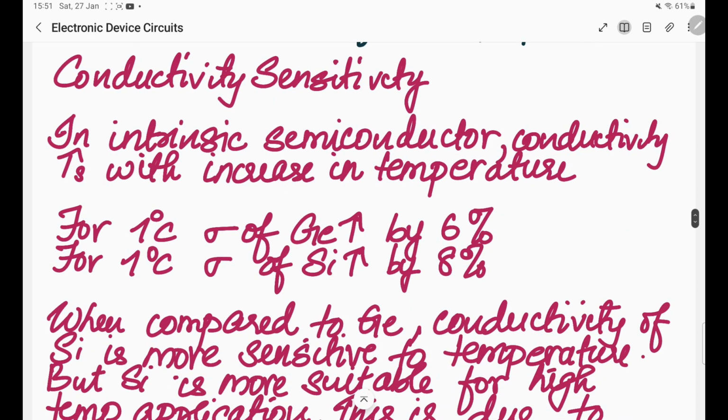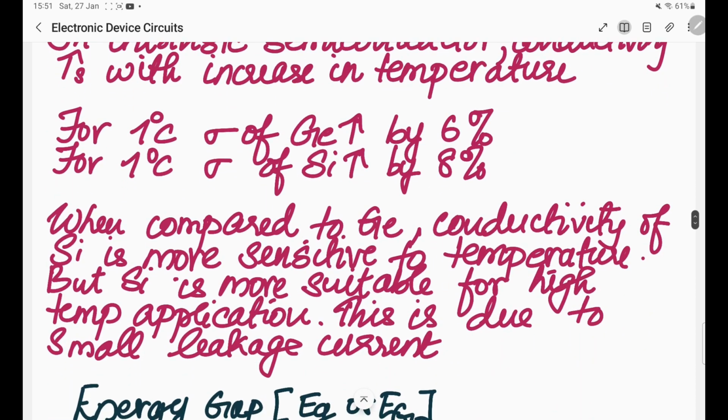There is a relation which we will learn later. So when compared to germanium, the conductivity of silicon is more sensitive to temperature, but silicon is more suitable for high temperature applications. Even though its conductivity is more sensitive to temperature, we prefer silicon over germanium.